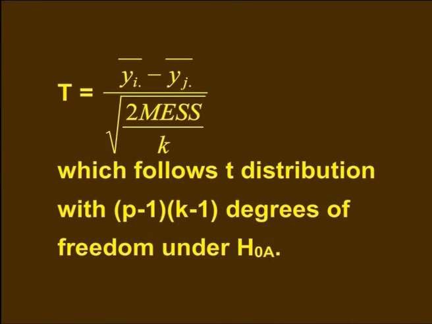This can be tested using the following t statistic, that is t statistic is given by y bar i dot minus y bar j dot divided by square root of 2 times mean error sum of squares by k, which follows t distribution with p minus 1 k minus 1 degrees of freedom under H naught A.